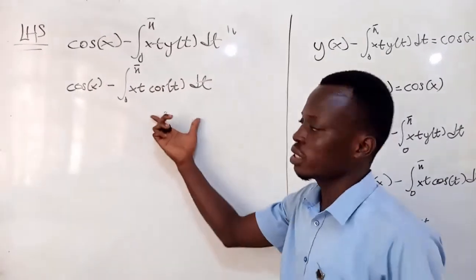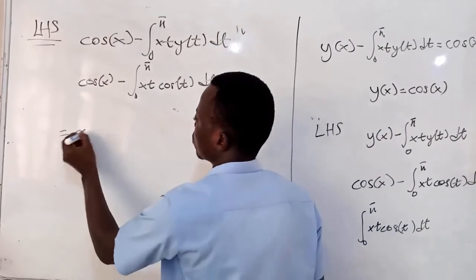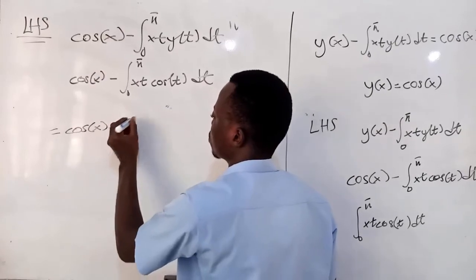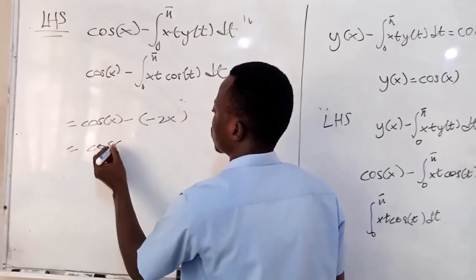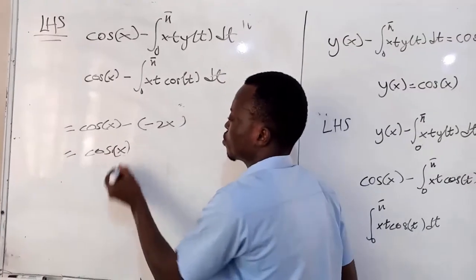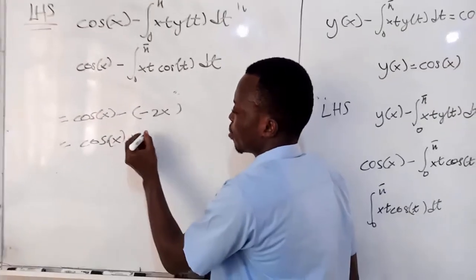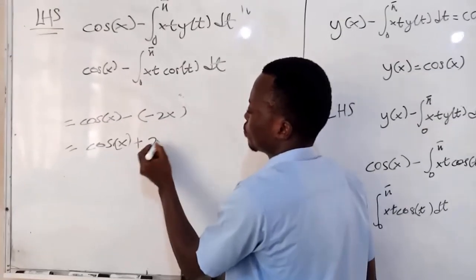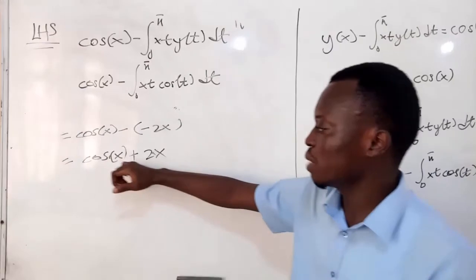And this integration gave us minus 2s. So this is equal to cos s, so minus, again I go up, so here becomes plus 2s. So this is our left hand side. On the left hand side we had cos s plus 2s.